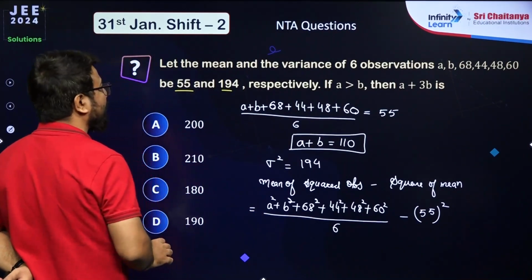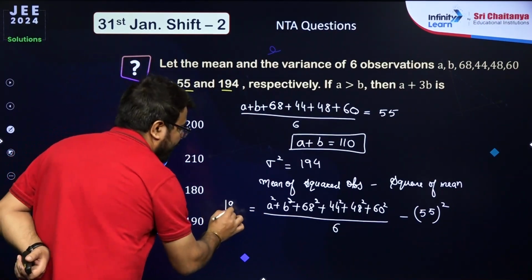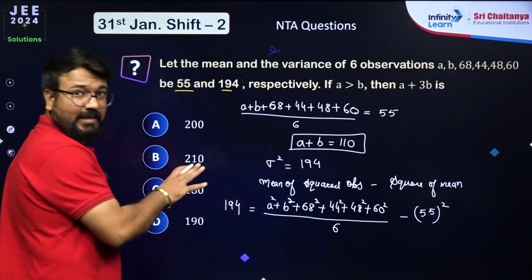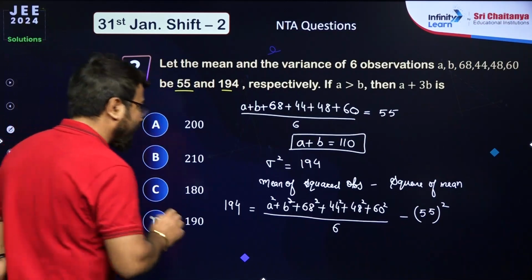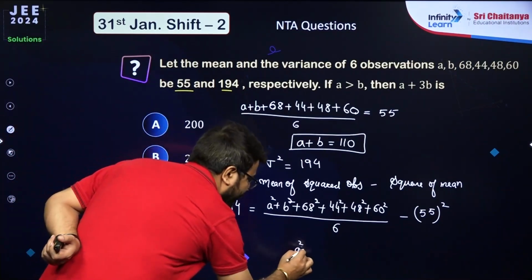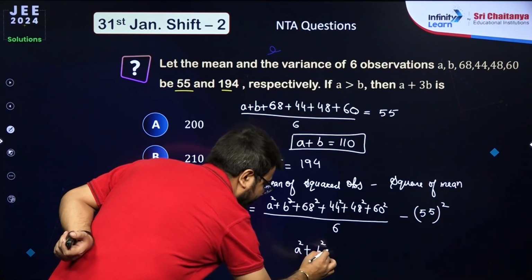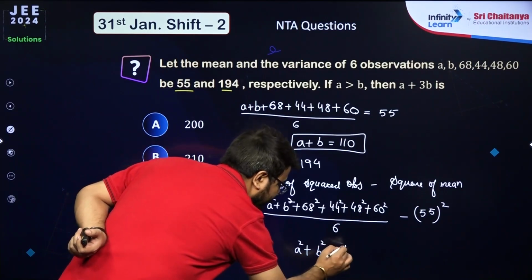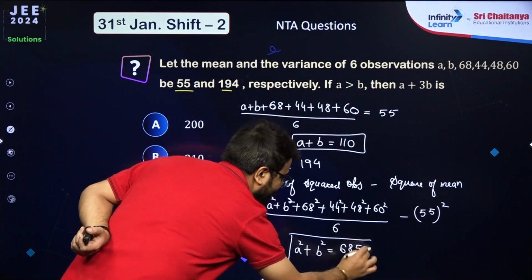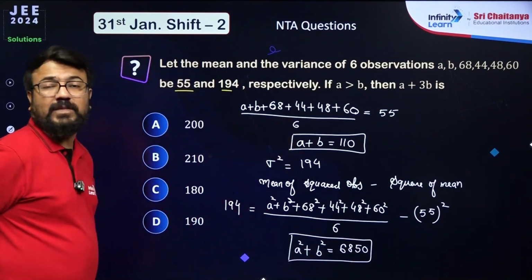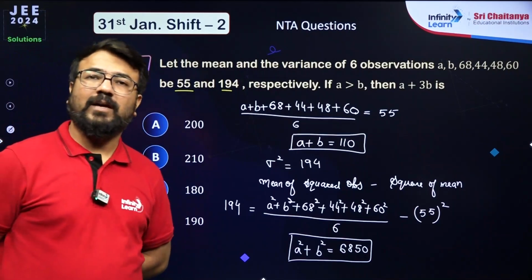And what is the variance over here? The variance is 194. So from this equation, it will be very easy for me to get the value of a square plus b square. I think you can do the calculation part by yourself. I am directly writing the value of a square plus b square as 6850. Now my dear students, we have a square plus b square and we also have a plus b.